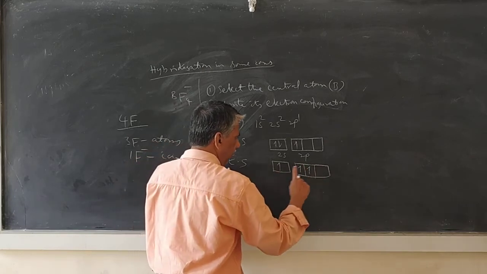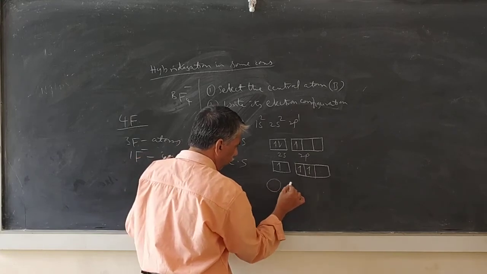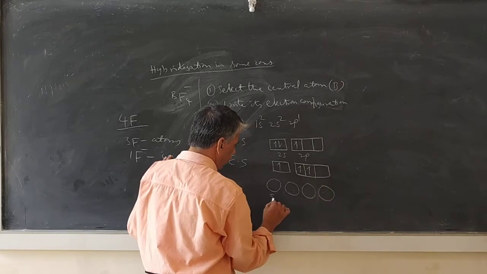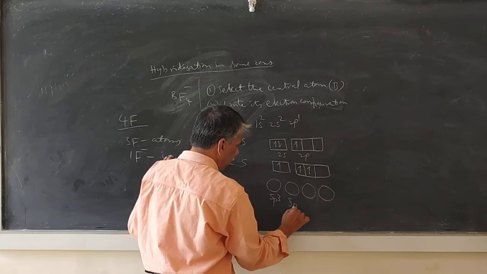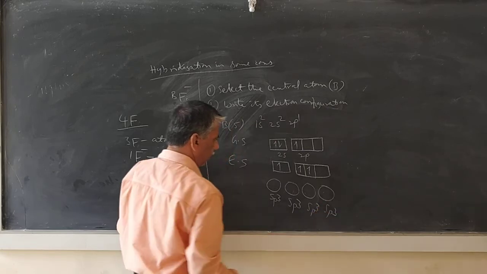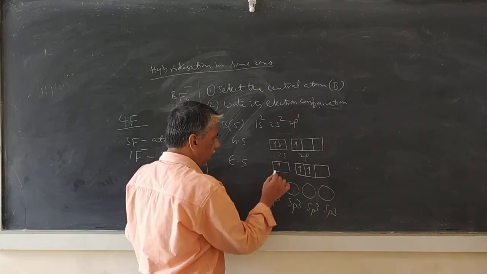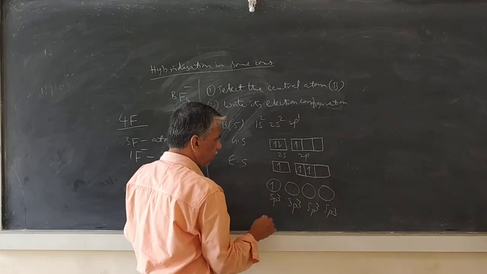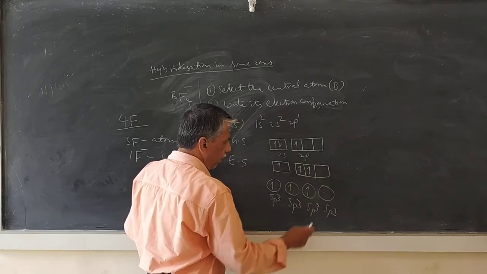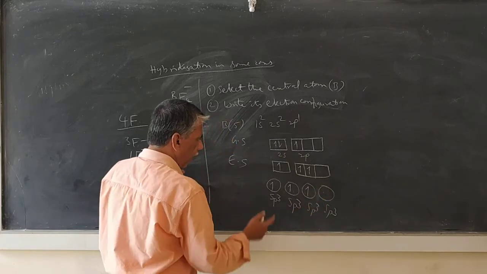Now all these 4 orbitals will undergo hybridization and you get 4 sp3 hybrid orbitals. This sp3 contains 1 electron, this contains another electron, this contains another electron, and this hybrid orbital is empty.